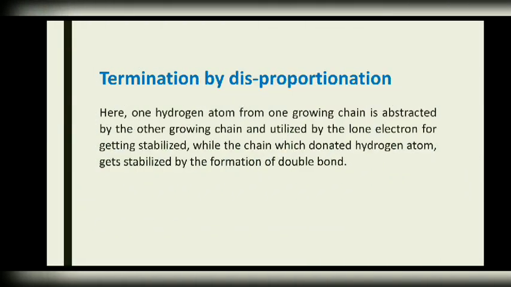Then the second method is termination by disproportionation. Here one hydrogen atom from one growing chain is abstracted by the other growing chain and utilized by the lone electron for getting stabilized, while the chain which donated the hydrogen atom gets stabilized by the formation of a double bond.